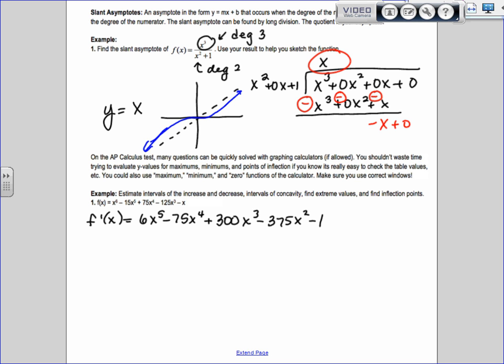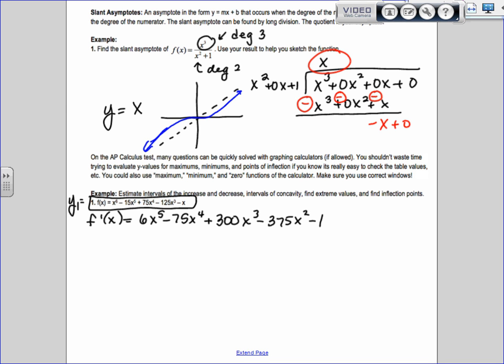Okay, so what we do is, let's go ahead and put this original function in for y1. So we're going to put x to the 6th minus 15x to the 5th plus 75x to the 4th minus 125x to the 3rd minus x.